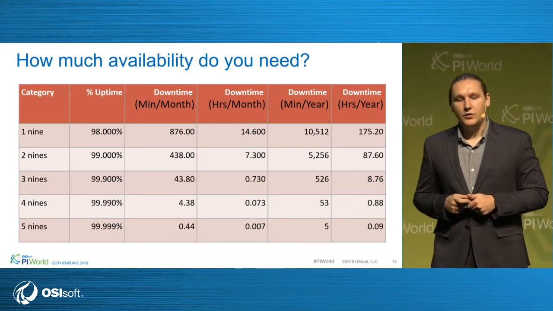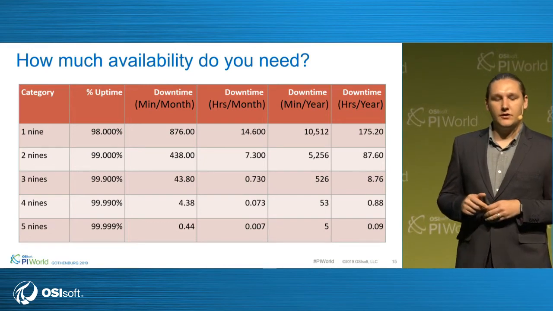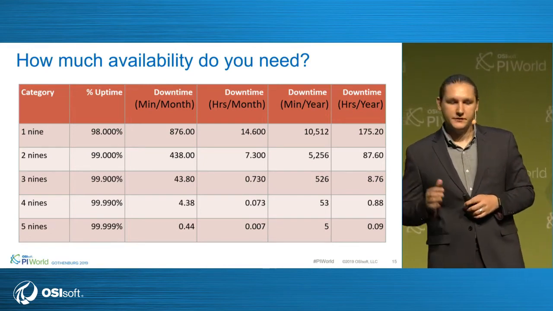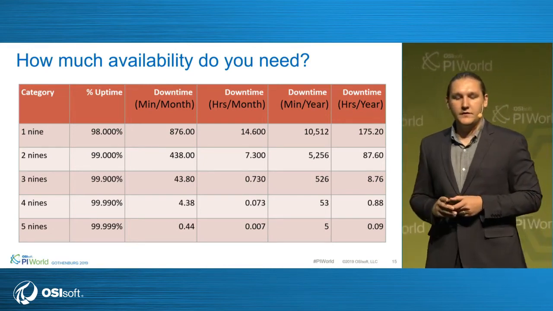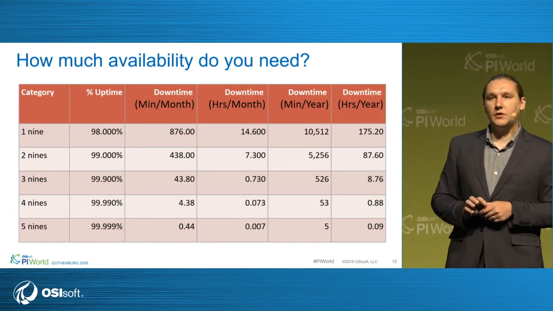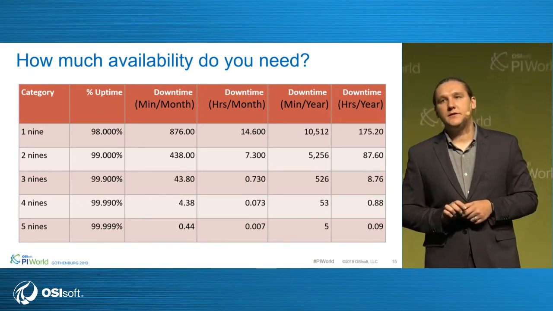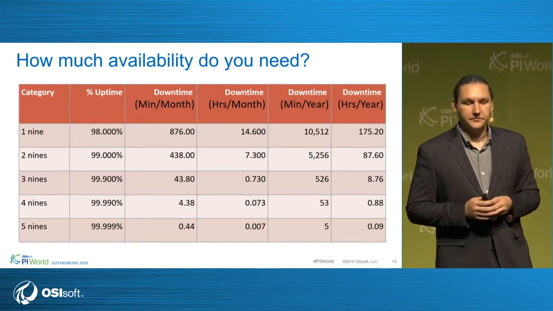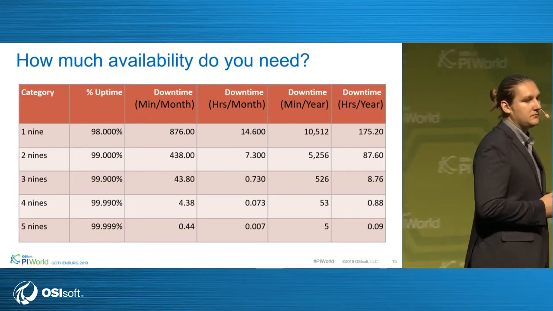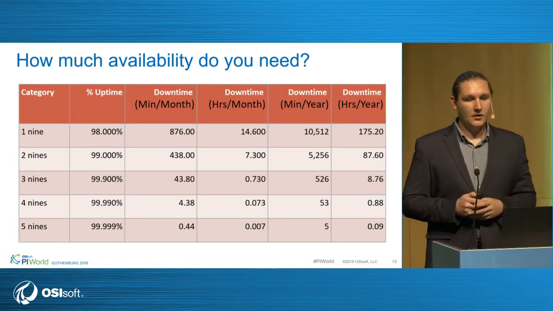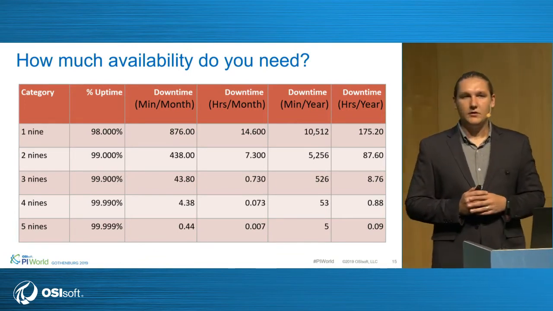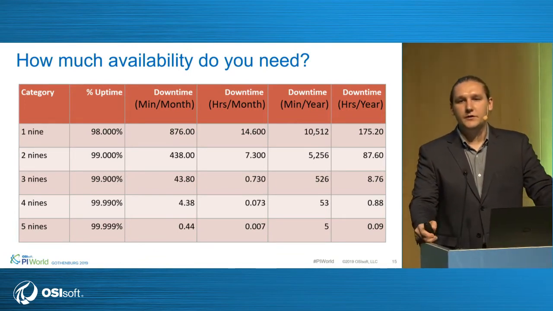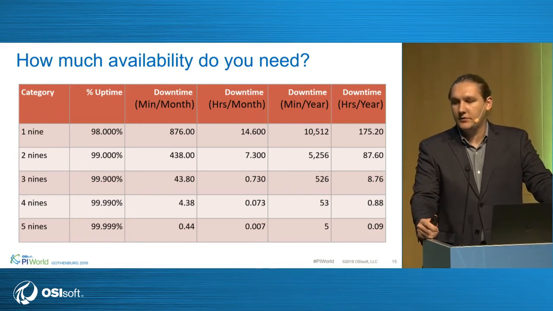But if we implement category number 1, which is the first row, we can see that the system can be down up to 175 hours per year, which is pretty a lot. This is the data availability idea while implementing the HA options for different parts of the PI system.